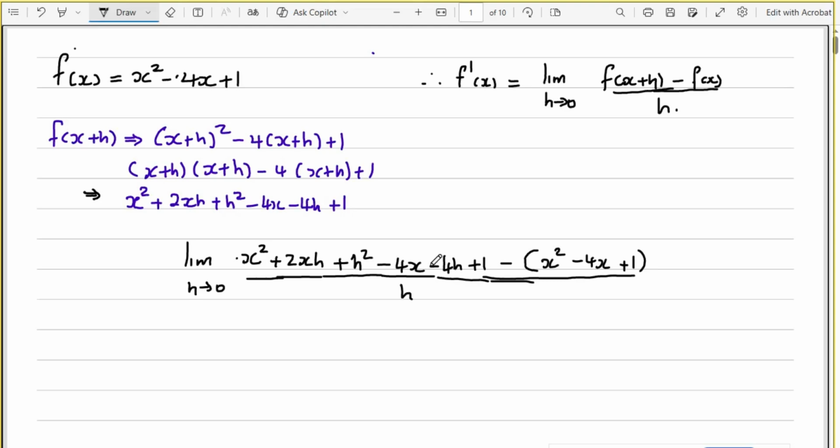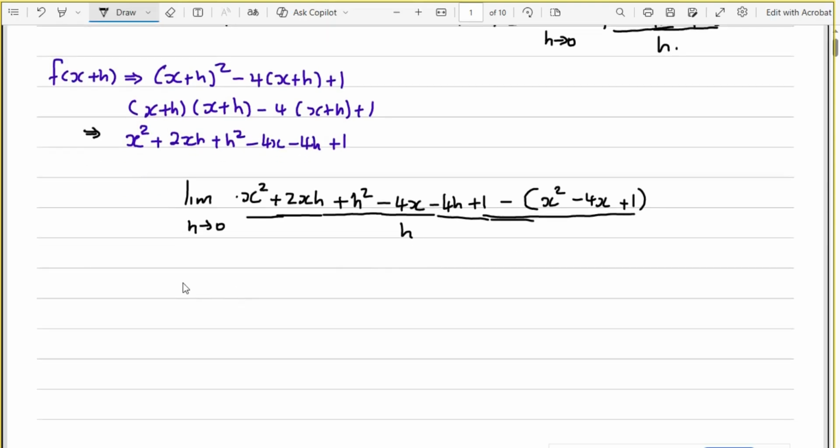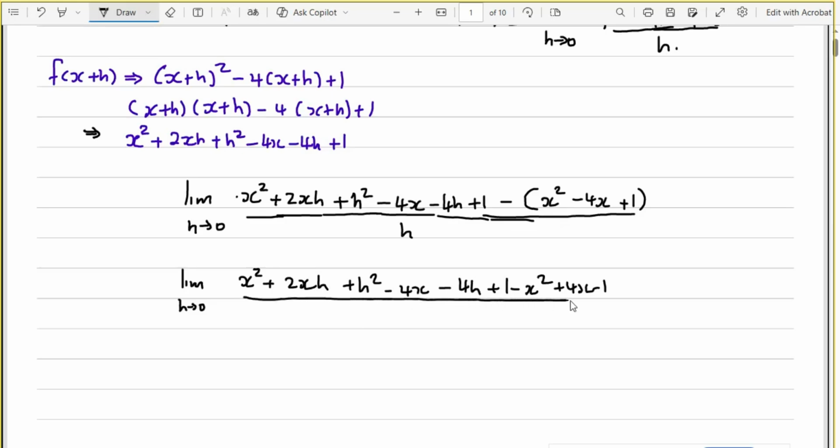So now, what do I get when I multiply out the brackets? Let me just multiply it. The bracket is going to be negative x squared minus 4x minus 1, then over h.